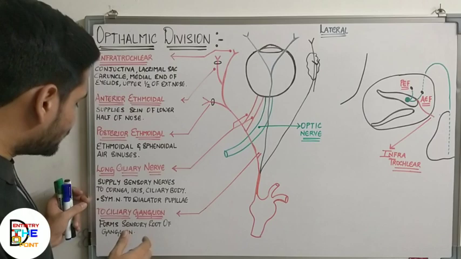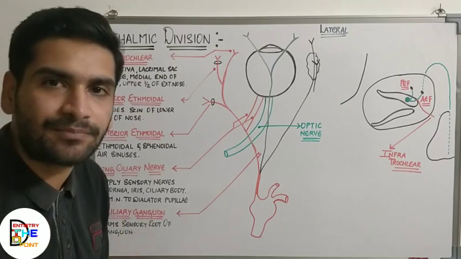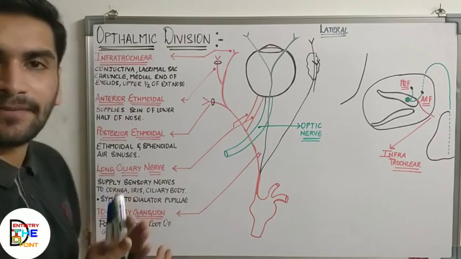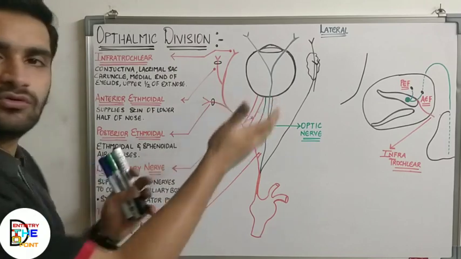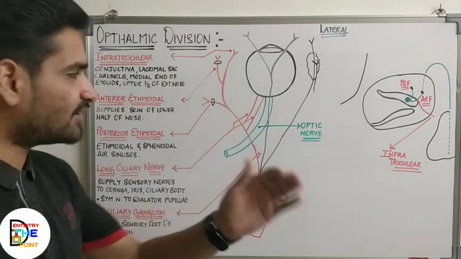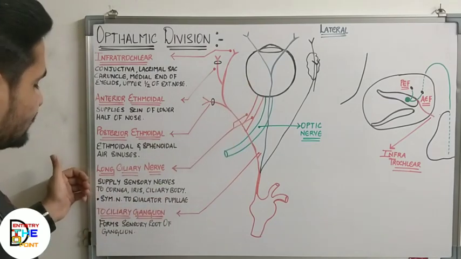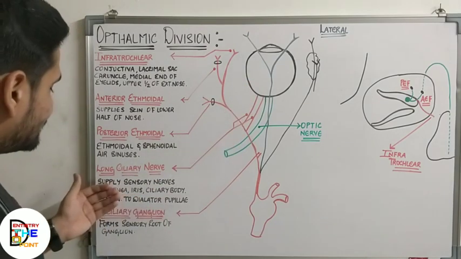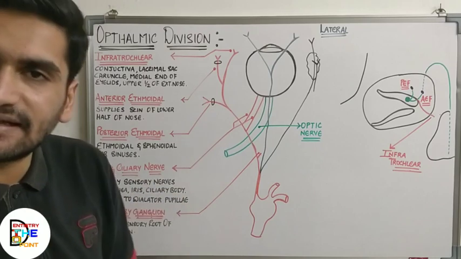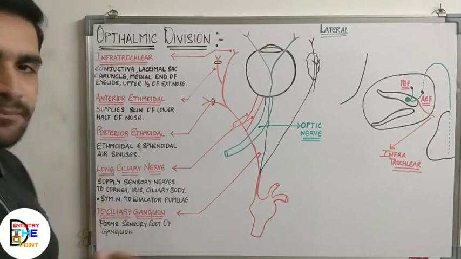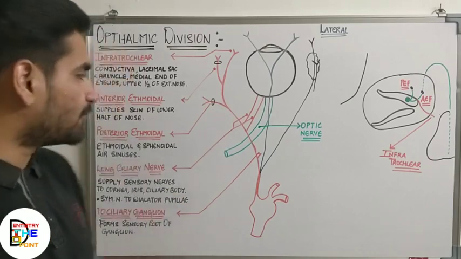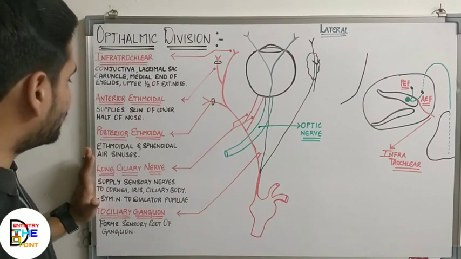Along with that, sympathetic nerve to dilator pupillae is also supplied by the long ciliary nerve. So there are 2 to 3 branches of long ciliary nerve which penetrate the sclera and do these jobs, supplying sensory nerves to cornea, iris and ciliary body, along with sympathetic nerve to dilator pupillae. So this is about the long ciliary nerve.